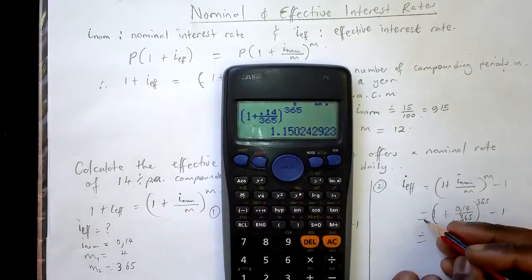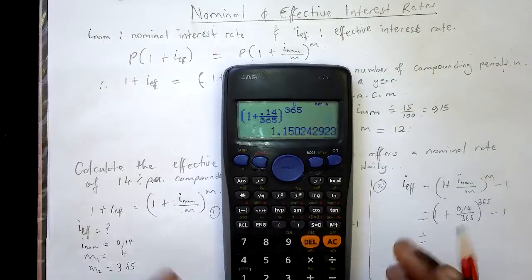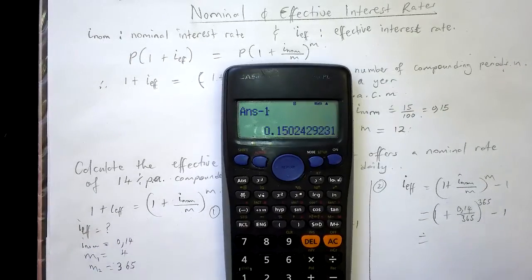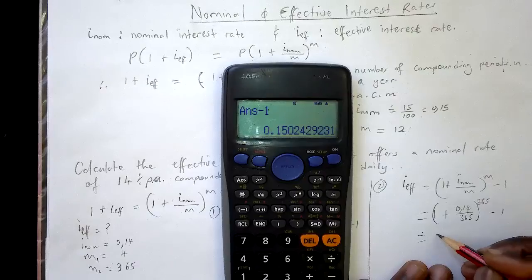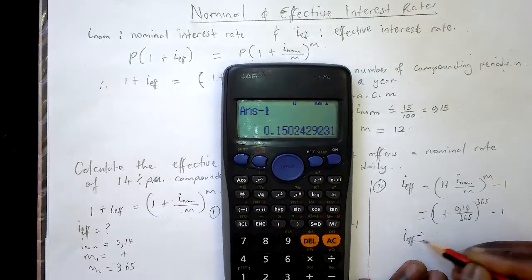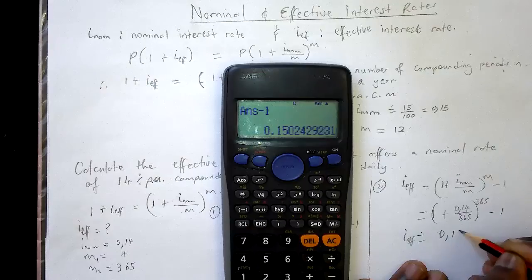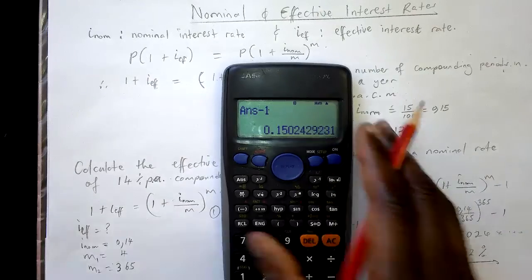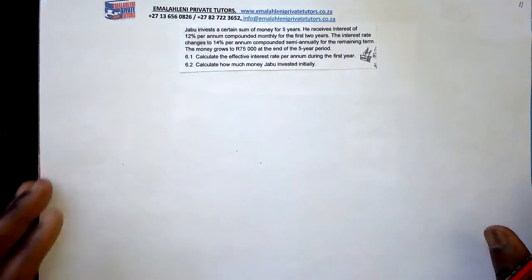Minus 1. We get 0.15024, so I effective is going to be equal to 0.15024 times 100, which gives 15.02%. That's our answer. Now let's move on to the next question.